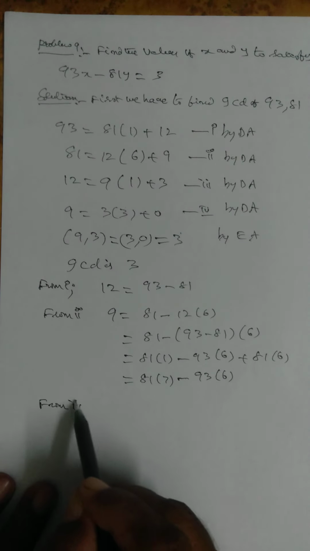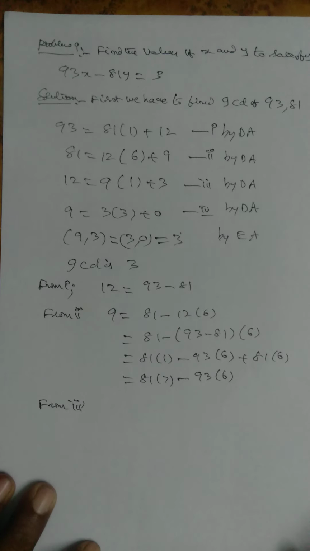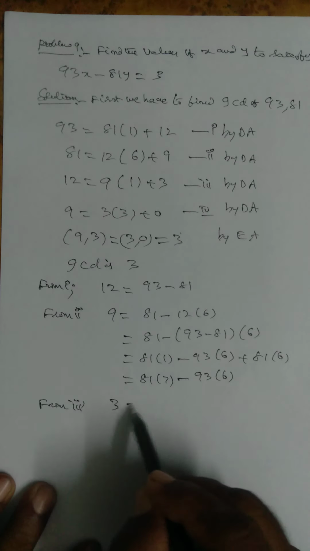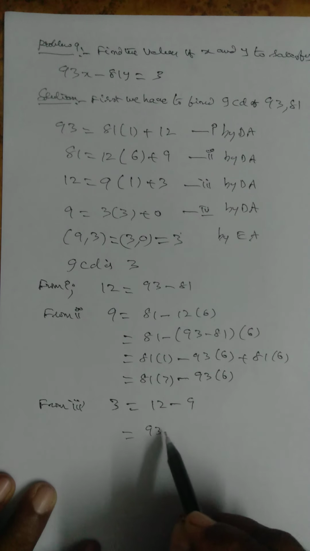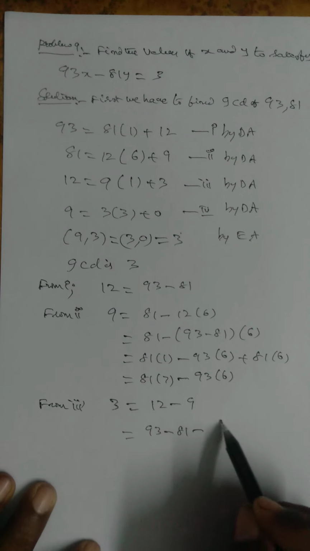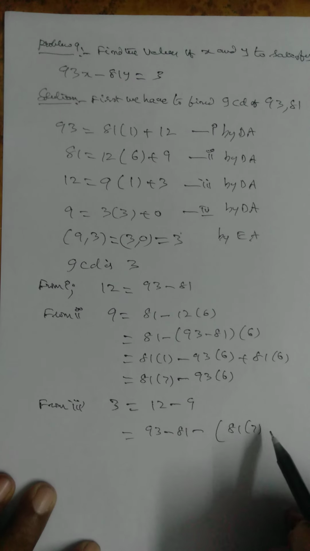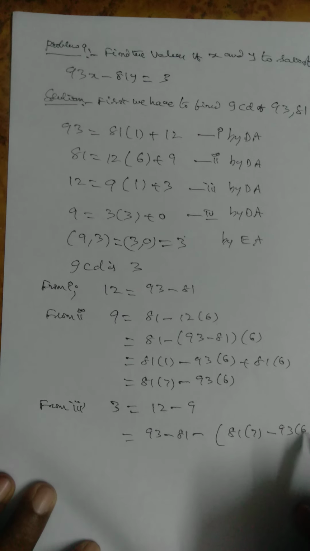From 3, 3 is equal to 12 minus 9. So what is 12? 93 minus 81, minus 9, which is 81 into 7 minus 93 into 6.